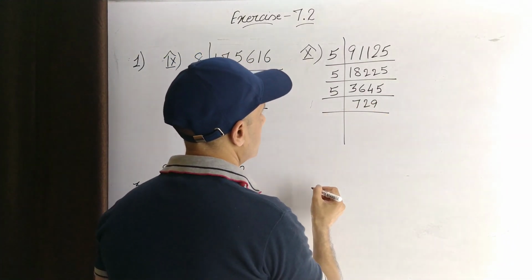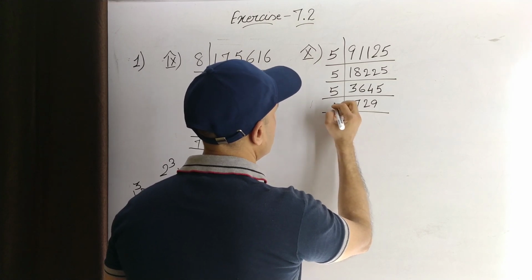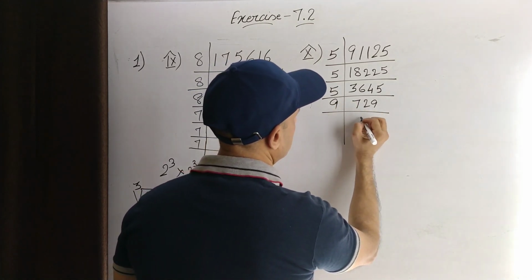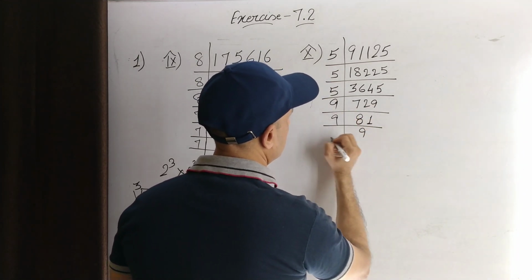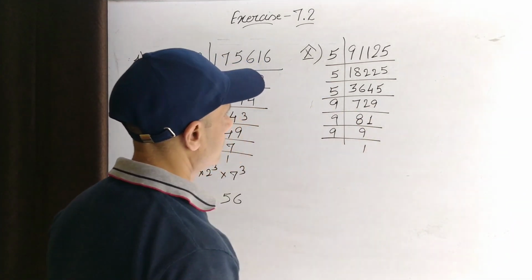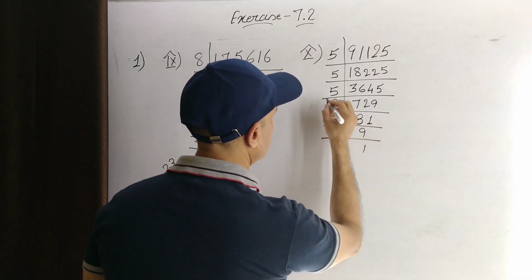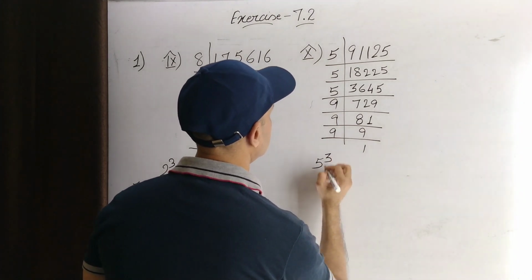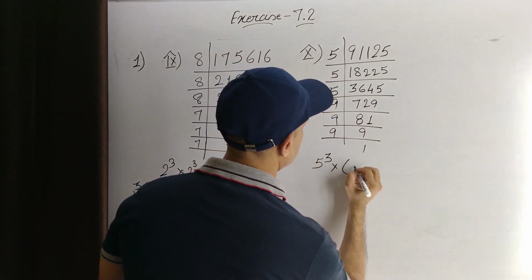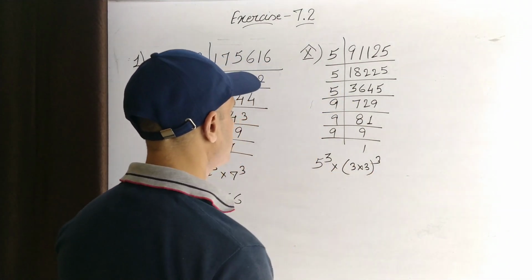This is the cube of 9, so we'll take 9. Five is a prime number, 9 is not, so let's further factorize it. So we can write this as 5 cube into 3 into 3 cube, which is a 9.